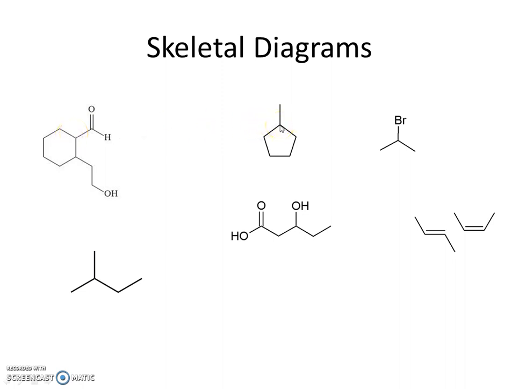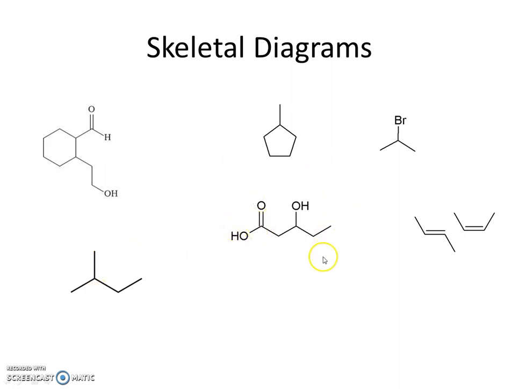Methyl cyclopentane is slightly different because you've got this methyl group here, a hydrogen is not being shown, but this CH2 and this CH2 are equivalent because they're both attached to another CH2 and another CH2. So that is not a chiral center. Similarly for 2-bromopropane and for the methylbutane here.